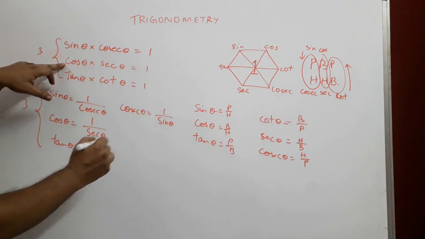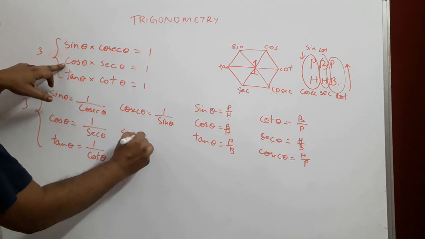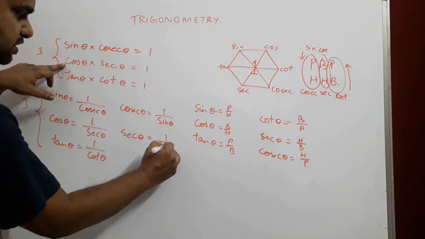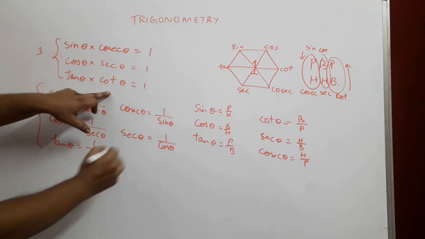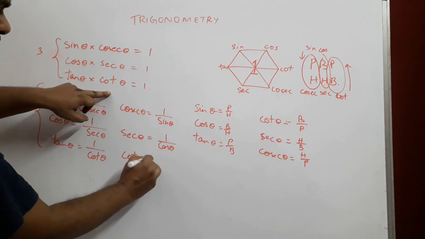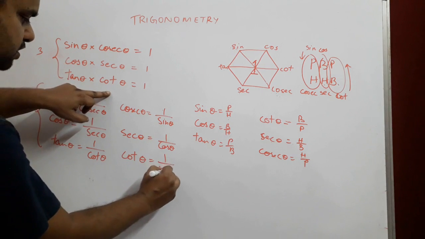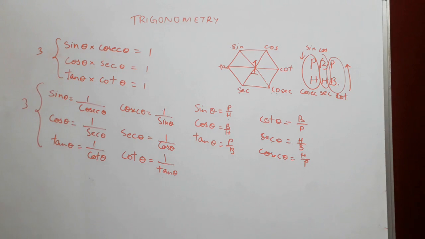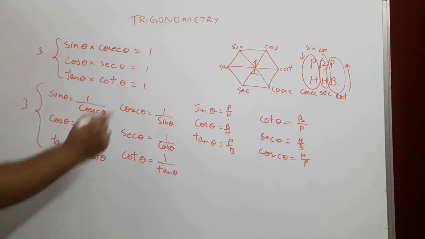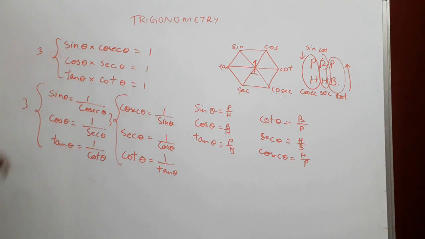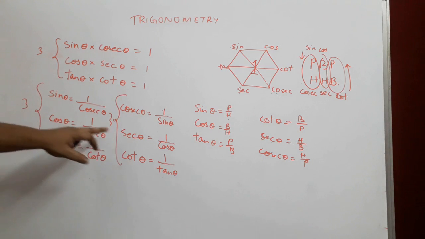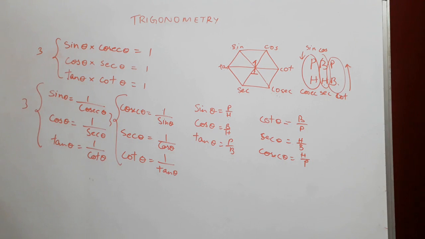Then you have your sec theta, which can be written as 1 upon cos theta. And finally we have our cot theta, which can be written as 1 upon tan theta. So how many have we got now? 3 more. So we have got 3 plus 3 plus 3, 9 formulas.